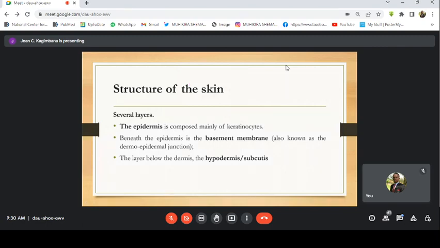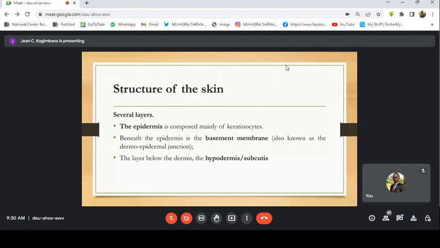Now, beneath the epidermis, we have the basement membrane, also known as the dermo-epidermal junction, which plays a big role in nutrient exchange. And then beneath the basement membrane, we have the hypodermis or subcutis.